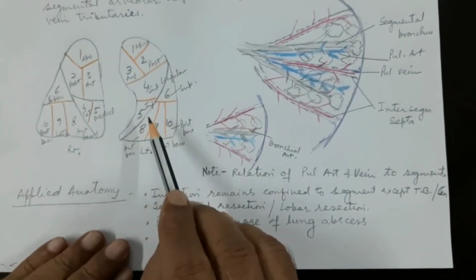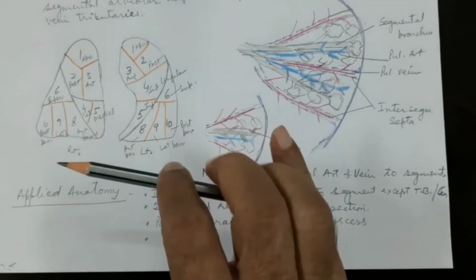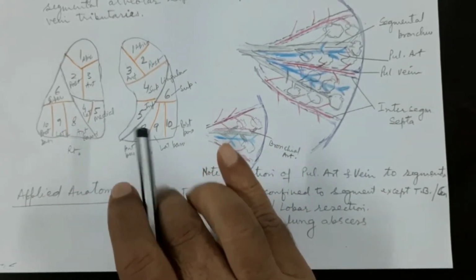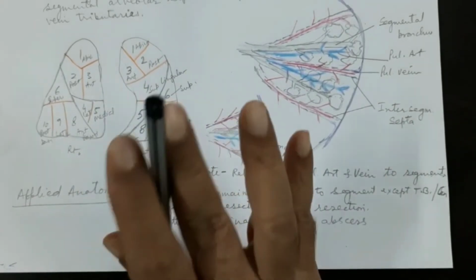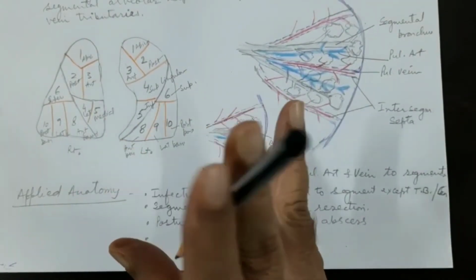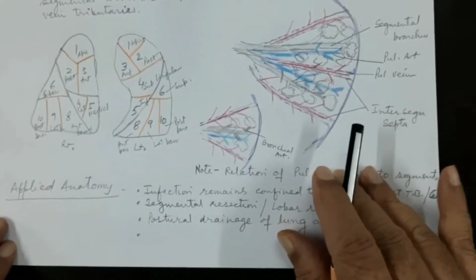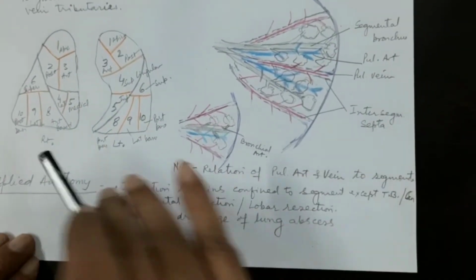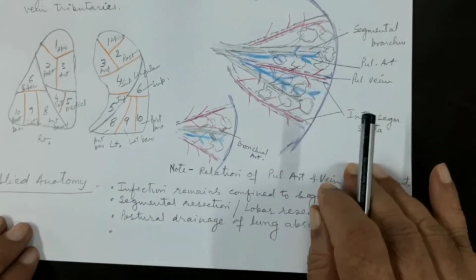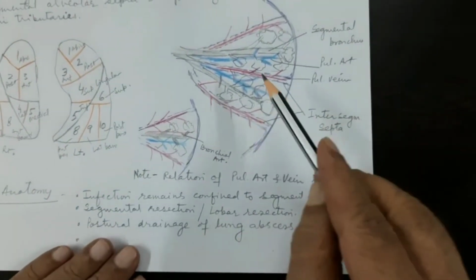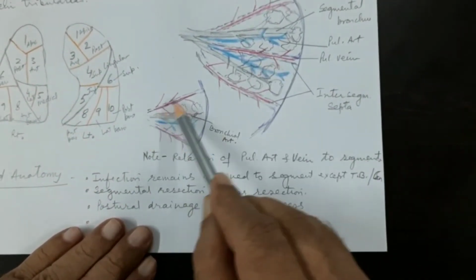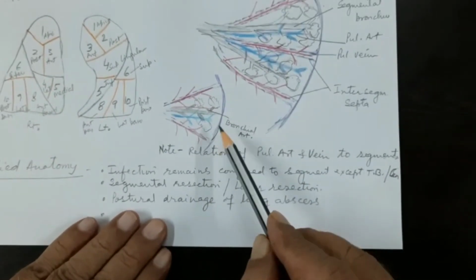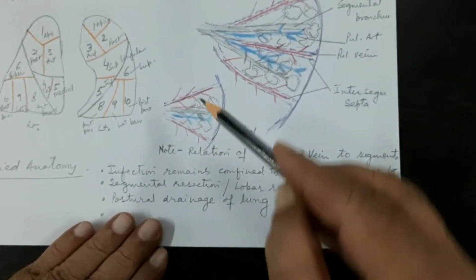Sometimes it may so happen that one of the bronchi, tertiary bronchus or segmental bronchus, may be less in the case of the left lung. So there may be 9, sometimes even 8 are also seen. But usually there are 10 bronchopulmonary segments. Now let us understand the boundaries of one of these bronchopulmonary segments.